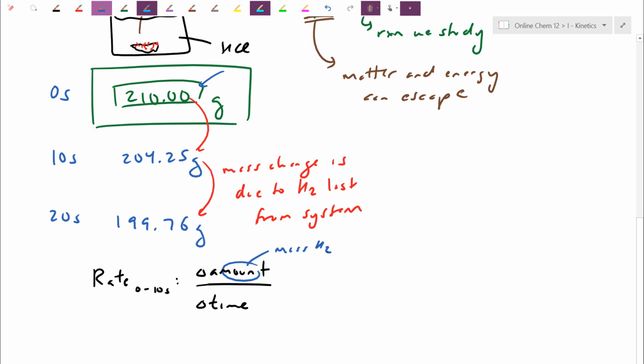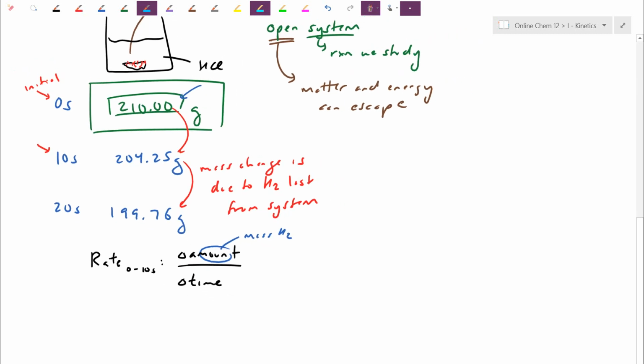Again, the only reason this number would be dropping is because hydrogen is being released, and I'm just sampling it. I took a reading at 0 seconds when we started. This is called our initial time, or initial reading. I took another reading at 10 seconds. Steadily, I would imagine, between 0 and 10 seconds, the hydrogen was slowly bubbling off. It wasn't like 210 for 9 seconds, and then just suddenly in the last second it hits 204. I would imagine that's a very continuous change there.